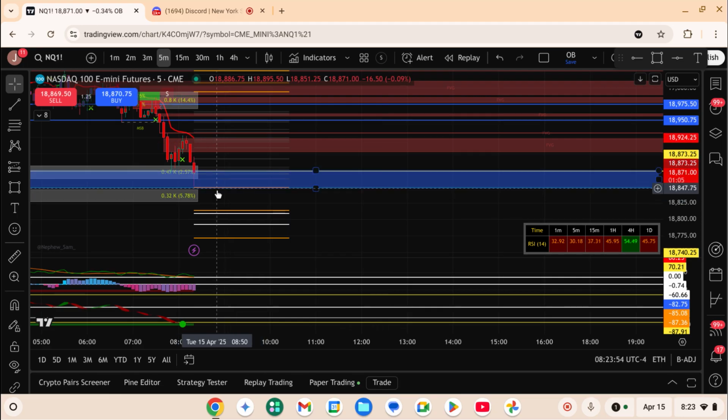Yeah, if it sweeps this 1 hour low, and then another bearish candle starts to print, we'll probably take shorts.